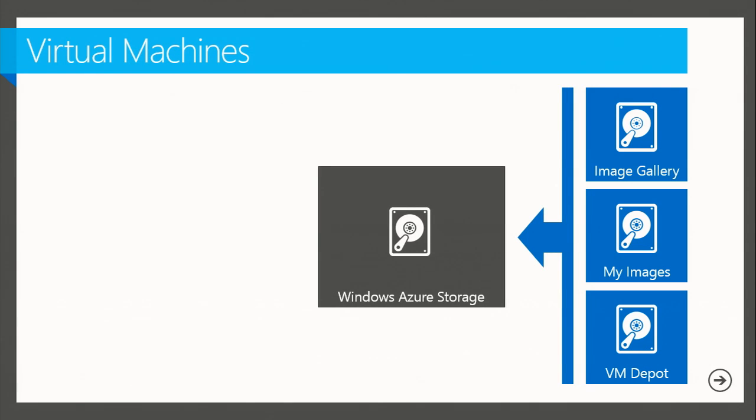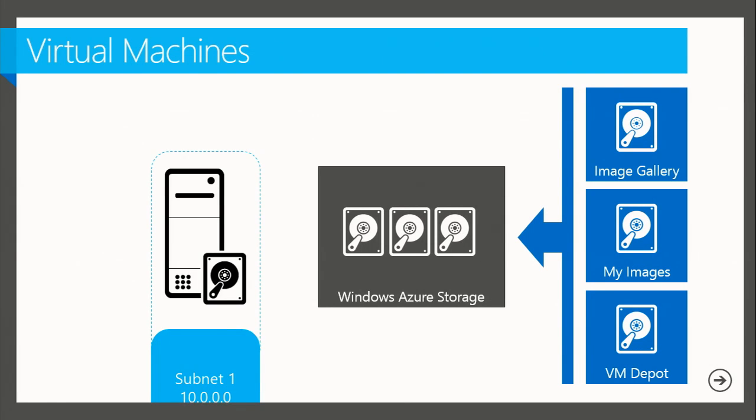Either way, what's going to happen is when you create a virtual machine, it copies that disk into your storage account, which of course makes 3 copies of that. You then spin up a virtual machine. Remember, we created a subnet, so we want to go and put that virtual machine in a subnet. So we give you a disk with an OS on, and depending on the OS and which menu choice, you'll get a different size on that.